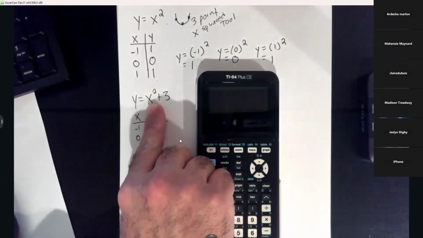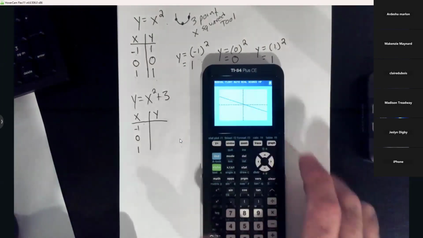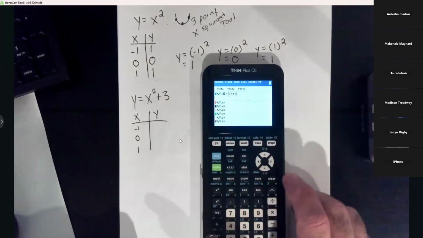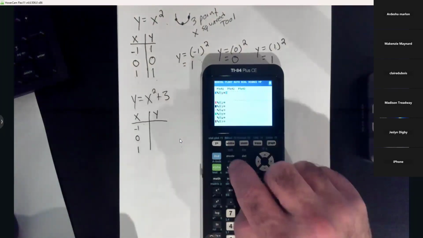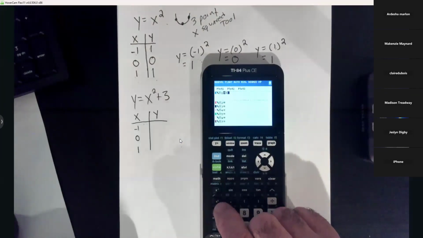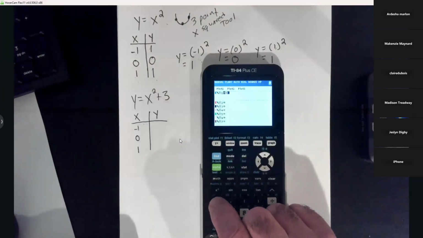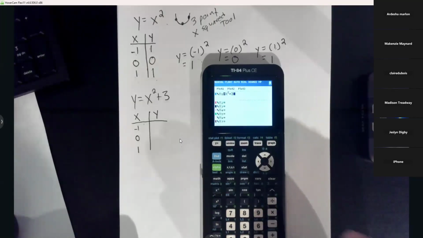Now, since I did that by hand up here, I'll show you on the calculator for this one. So go to y equals, clear that out. So x squared plus 3 would be x, and if you look over here on the left side, there's an x squared button right there. So hit it and then put in plus 3.